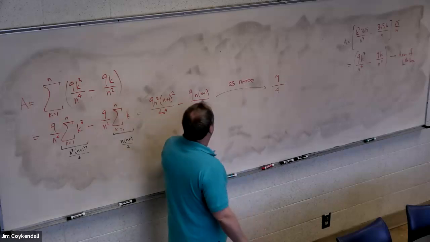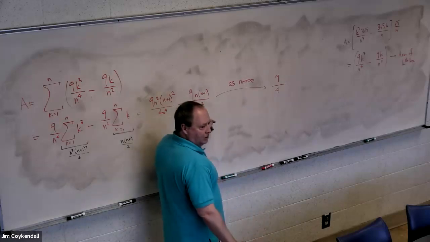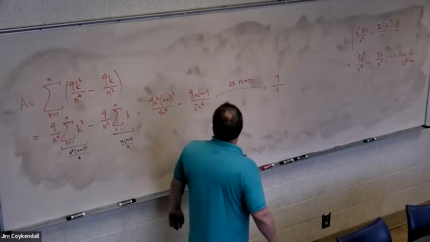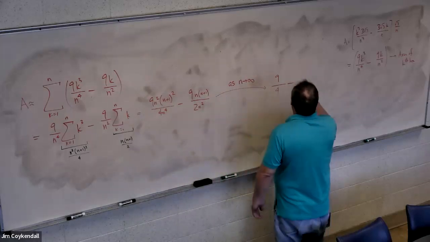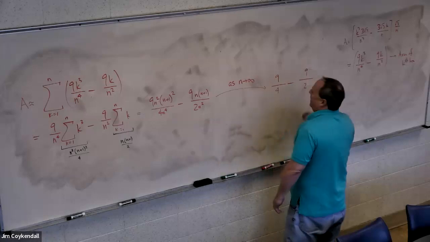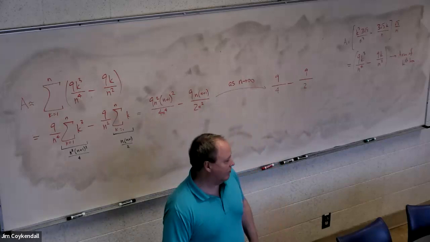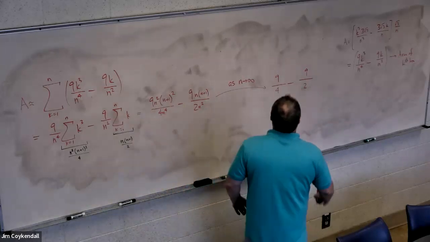Okay. Biggest power on the bottom, 2. Power on top, also 2. A tie. 9 halves: 9 is the coefficient of n squared on top, 2 is the coefficient of n squared on bottom. So I get minus 9.